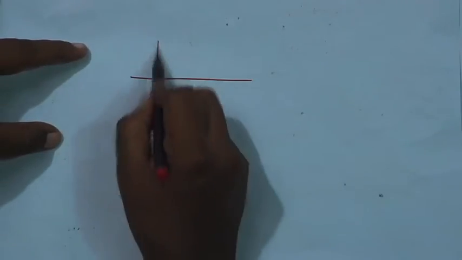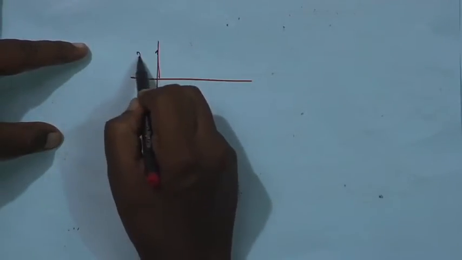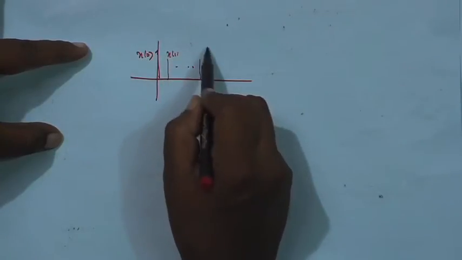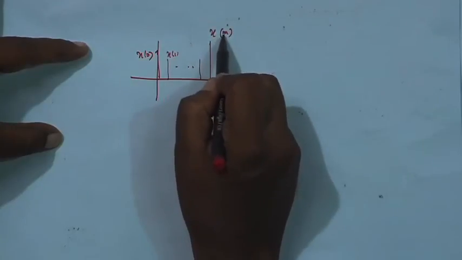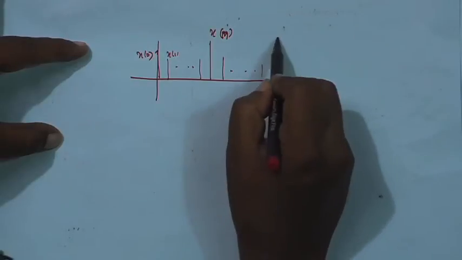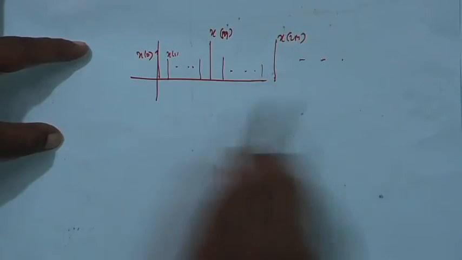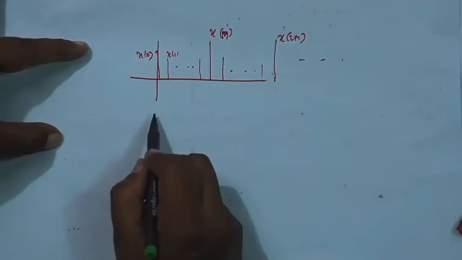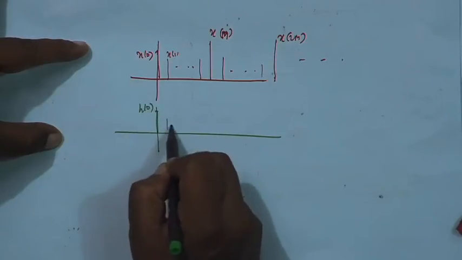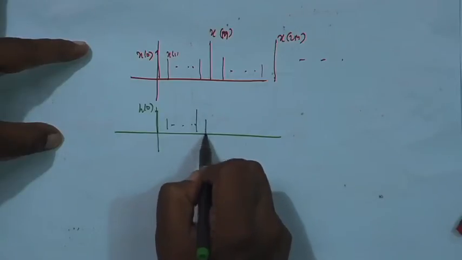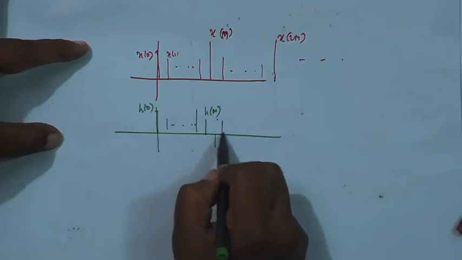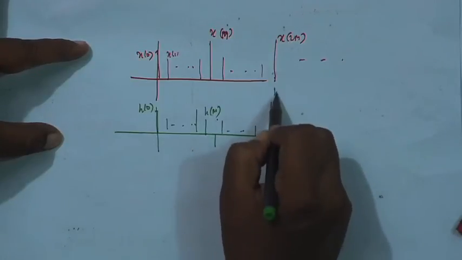Suppose you have got x0, then x1, dot dot dot dot xM here, then again dot dot dot dot x2M here dot dot dot, and you have got h0, dot dot dot, let us say hM, again dot dot dot h2M.